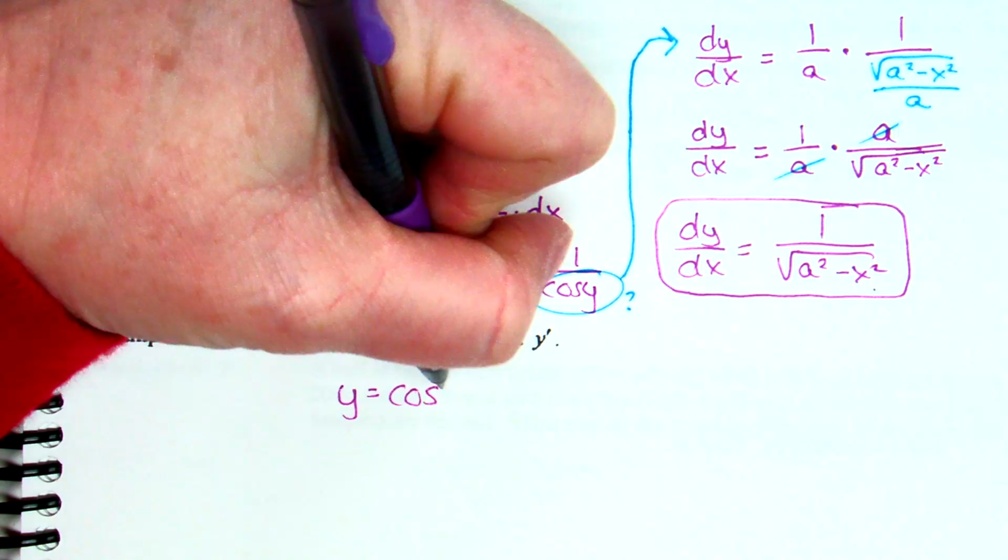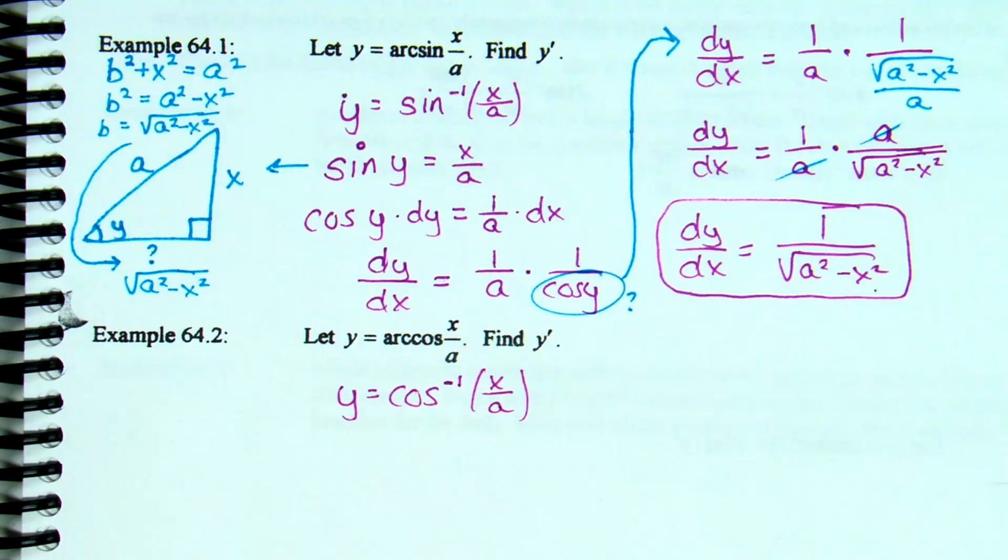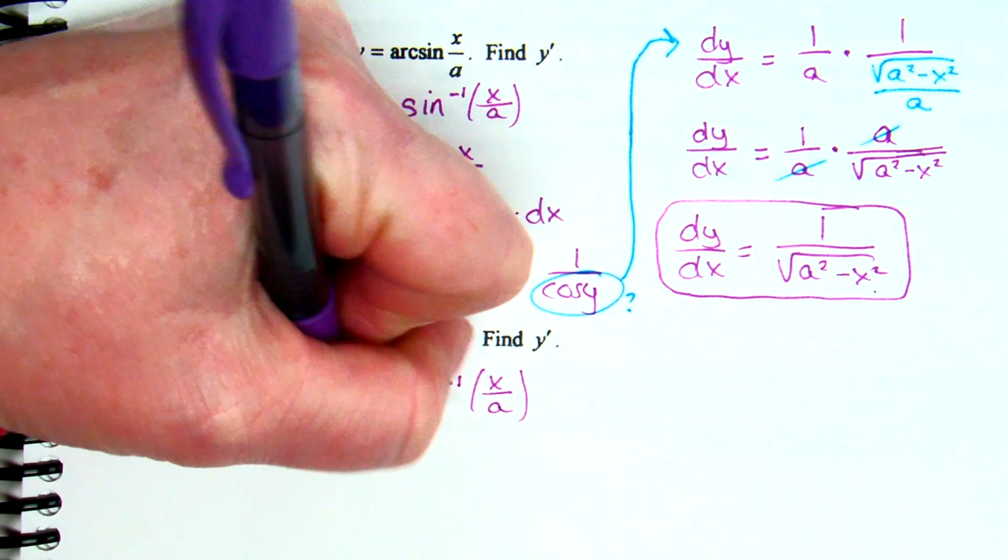Cosine inverse of x over a. How do I go from a cosine inverse to a cosine? Switching your input and output. So then I'm going to say cosine of y equals x over a.